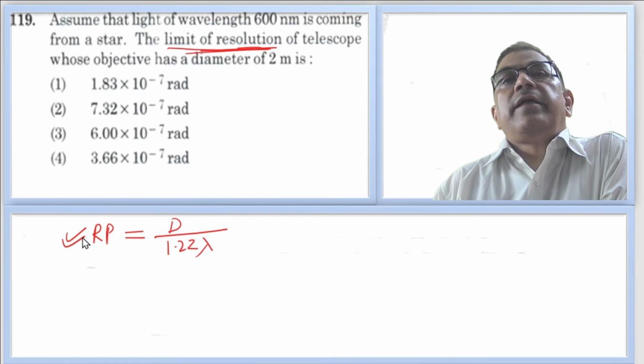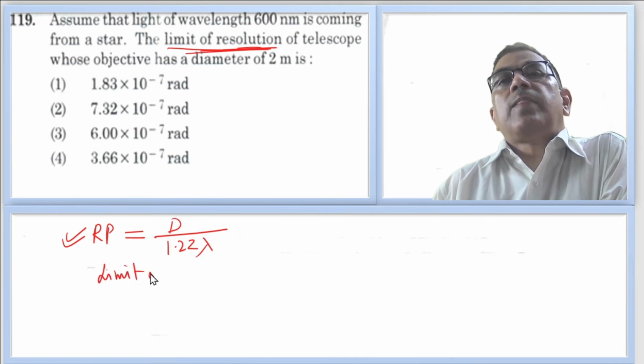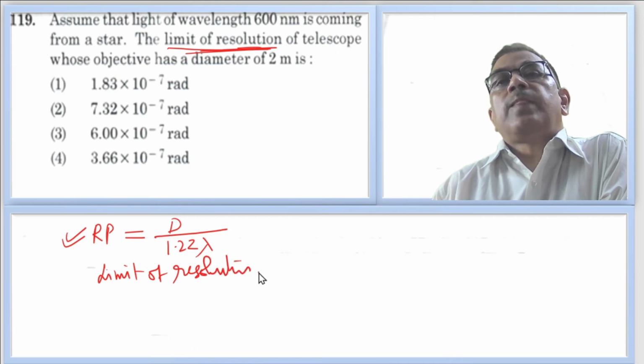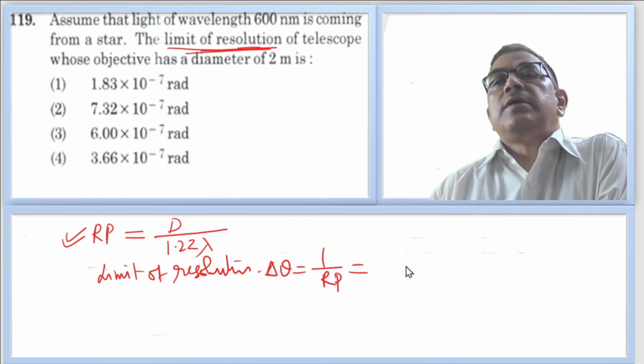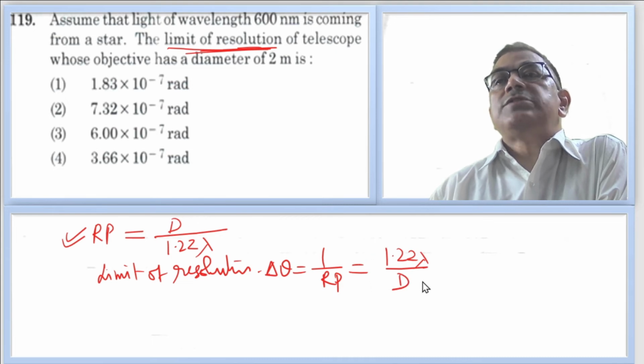Is it right? And the limit of resolution, delta theta, this is the inverse of resolving power, and this should be equal to 1.22 lambda by d.